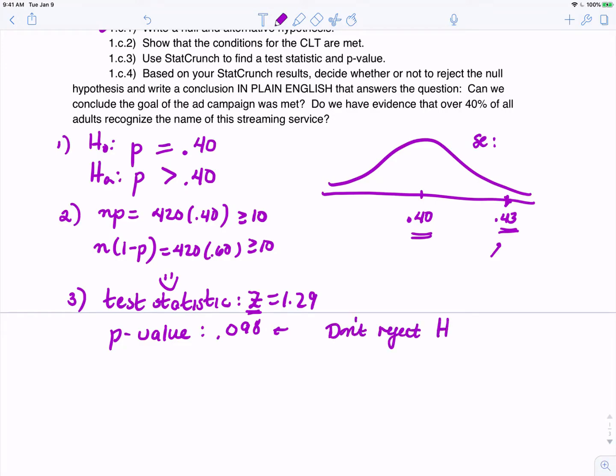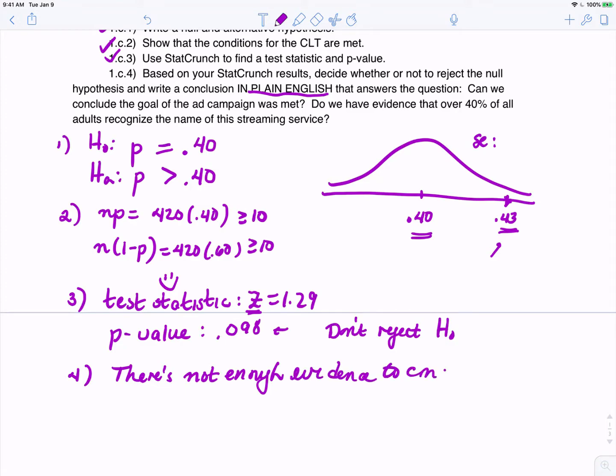And so the last thing we do is we write a conclusion in plain English that answers the question. Can we conclude the goal of the ad campaign was met? So there's not enough evidence to conclude. We're always writing our conclusion about our alternative hypothesis.